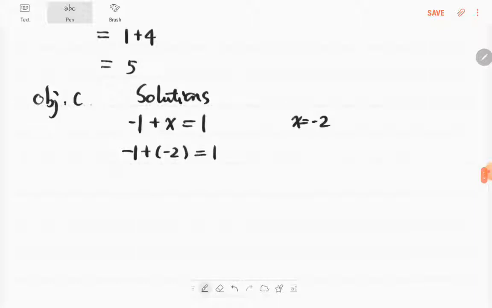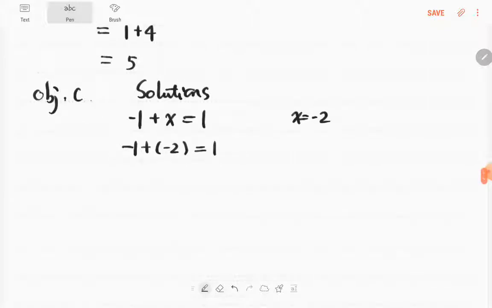Now we check the left side. So left side is just -1 plus -2, right? So that will be negative, because they are both negative, so it's -3. Find the sum of two absolute values. So left side is -3, and the right side is 1.